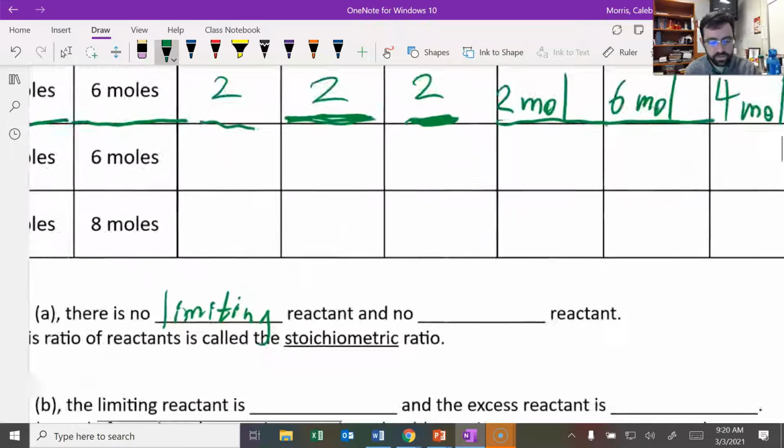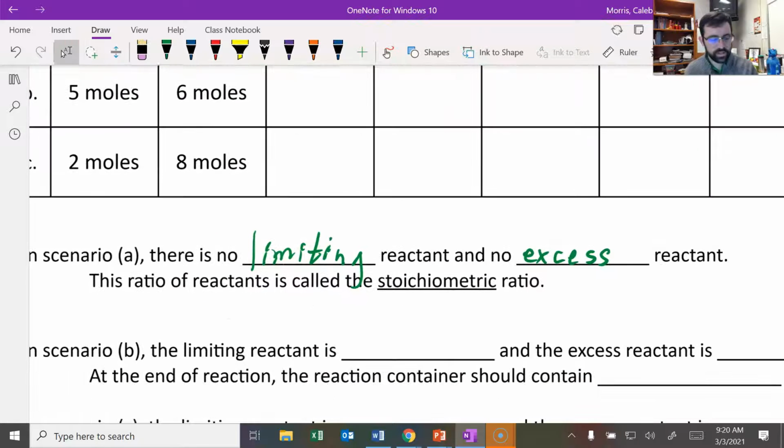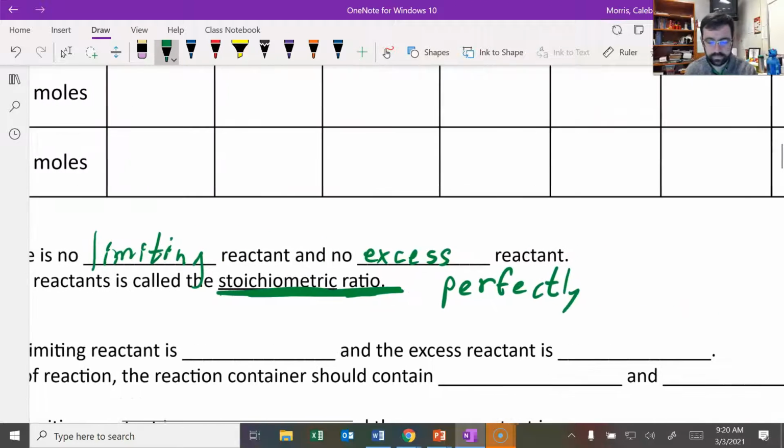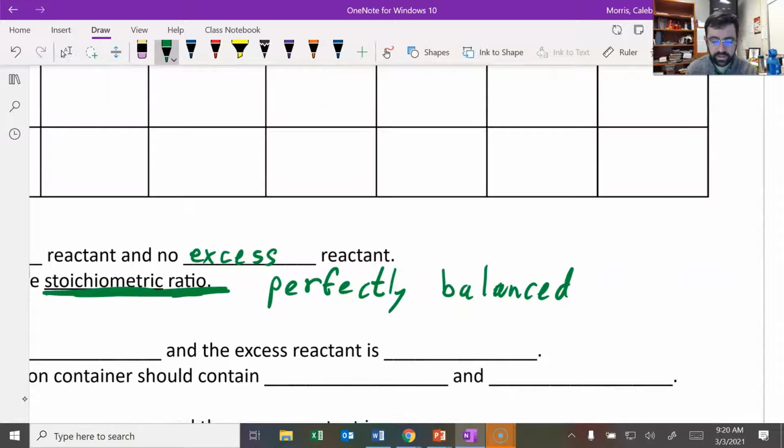There's also no excess reactant. This ratio of reactants is called the stoichiometric ratio. In a stoichiometric ratio, they are perfectly balanced, so that both reactants run out.